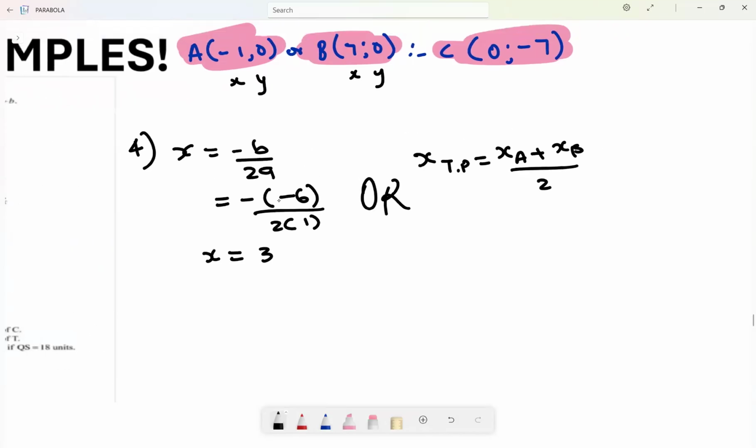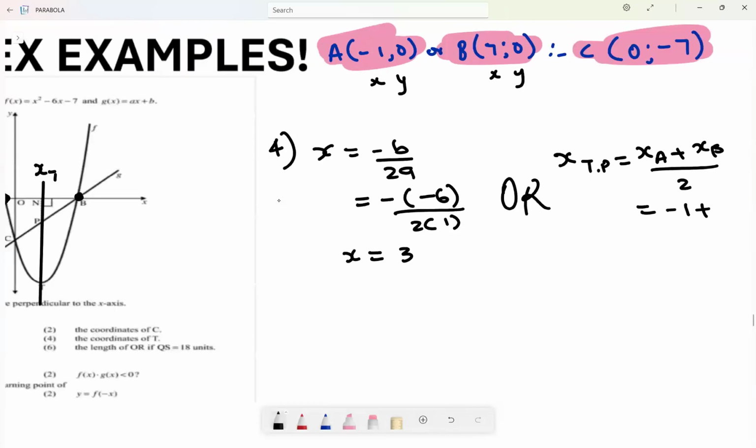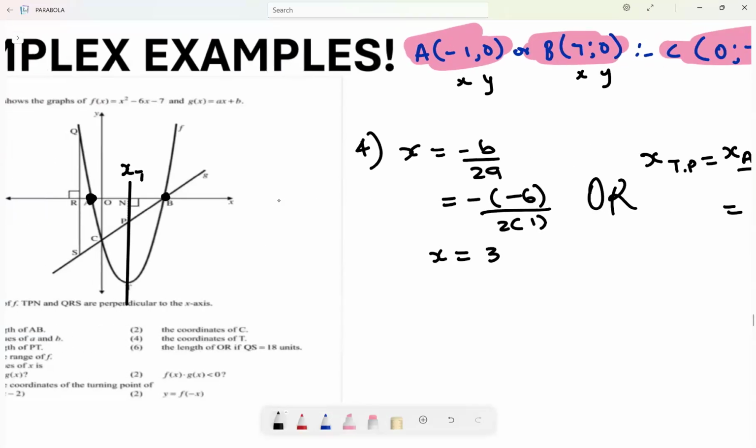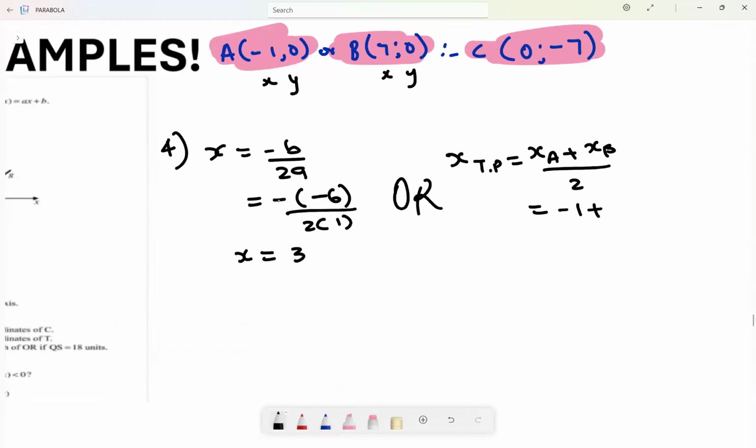The x coordinate of A is -1 plus the x coordinate of B, which is 7, then divide by 2. How much do I get? -1 plus 7 is 6. 6 divided by 2 is 3. So can you see? Still the same thing.